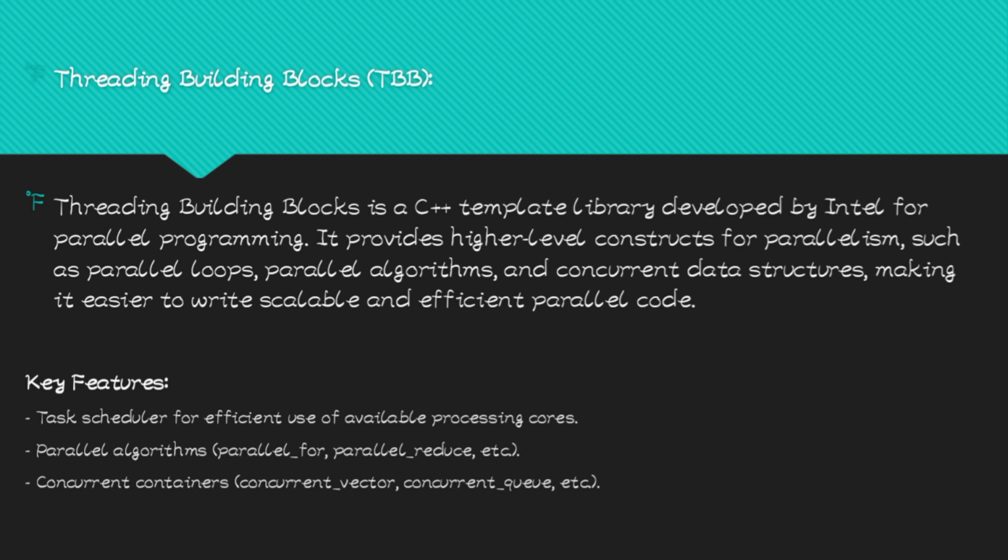It creates scalable parallel applications. That's what you should know with this. The key features within Threading Building Blocks: we have the task scheduler, which is used for efficient use of available processing cores; then the parallel algorithms, like parallel_for, parallel_reduce, etc.; then concurrent containers, where we see concurrent_vector, concurrent_queue, etc.